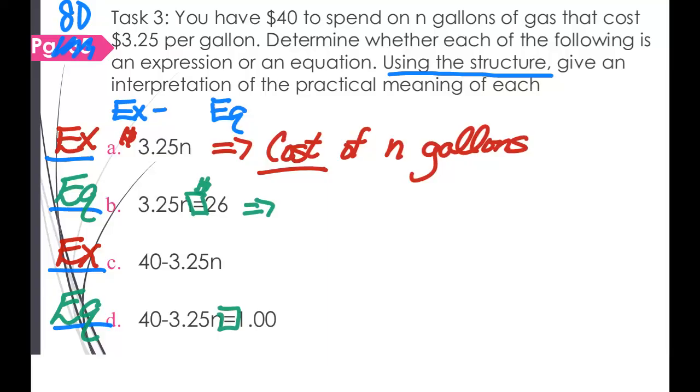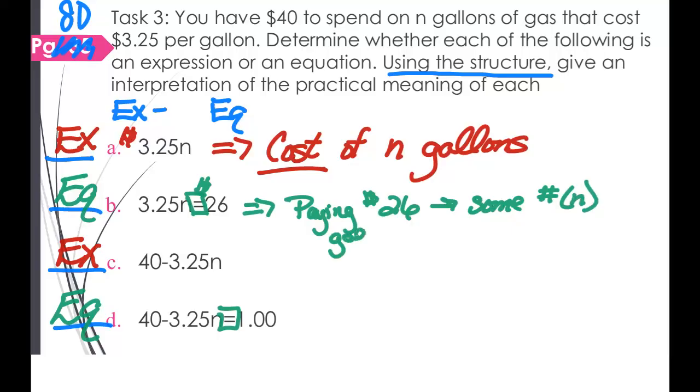There it is. I heard that part. So yeah, this is $26. So you are paying $26, okay? And with that $26, you are going to get some number, which is N, gallons of gas, at the same price, $3.25 per gallon.